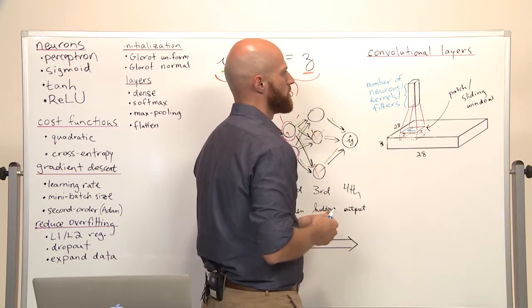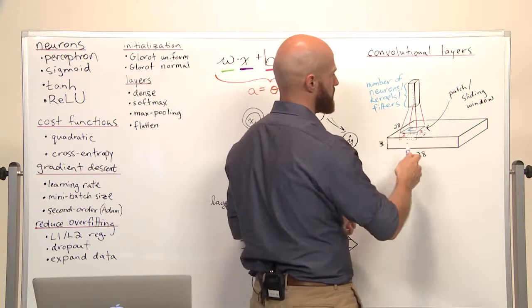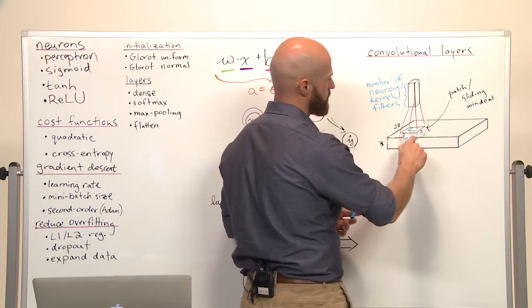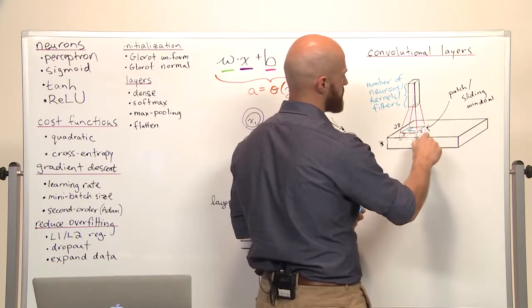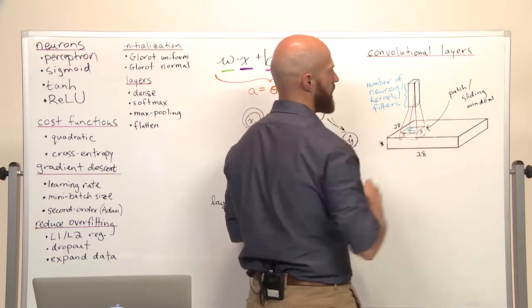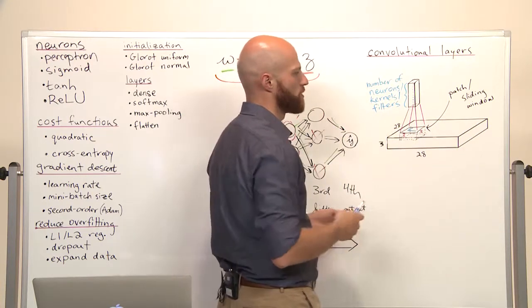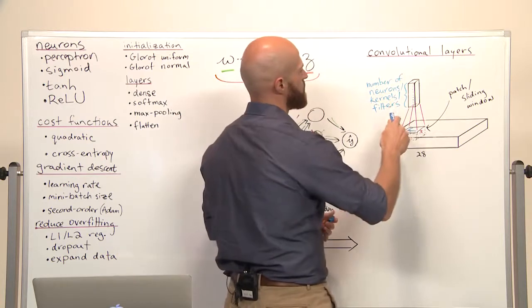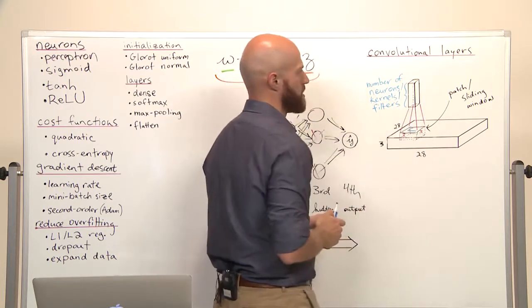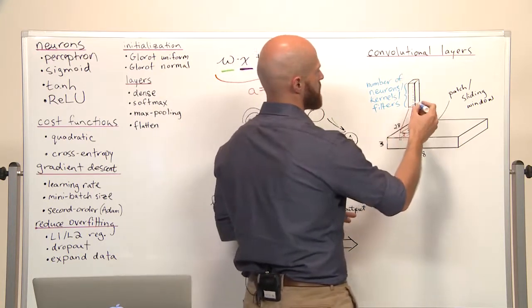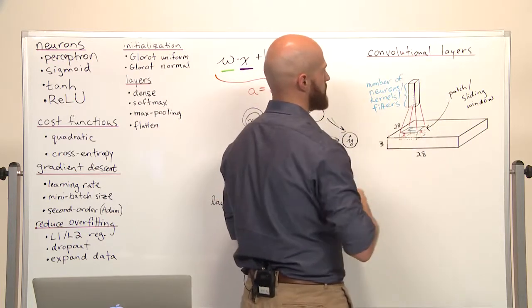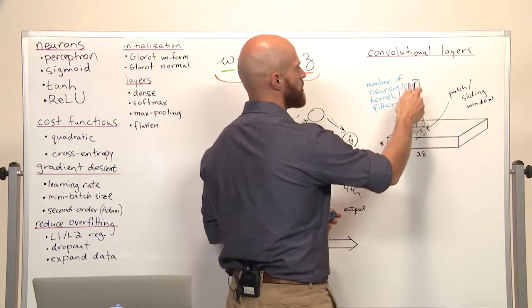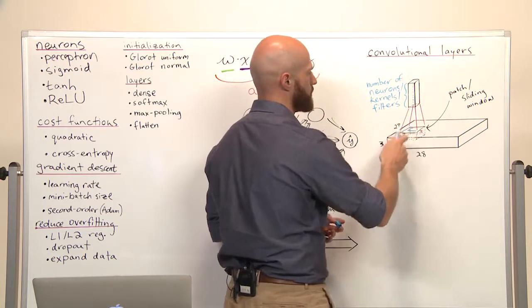Now, the other parameter that we've talked about here, so we've talked about the width and the height, so this 3 by 3 size of the patch or the sliding window, which we can call the kernel size. We haven't talked about the number of neurons. The language here can be a bit confusing because some people will call them neurons, they'll call them kernels, they'll call them filters.